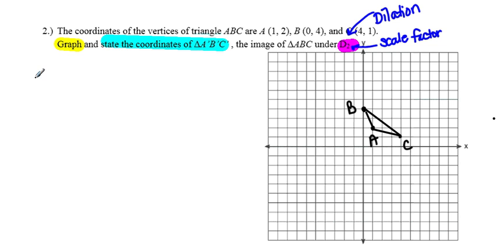So I'm going to go ahead and write down my original coordinates. We said A had coordinates 1, 2. Point B had coordinates 0, 4. Point C had coordinates 4, 1.